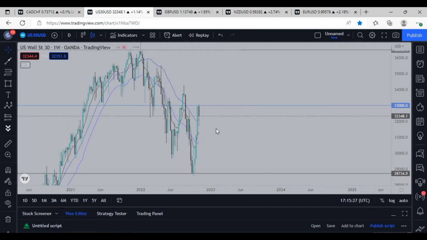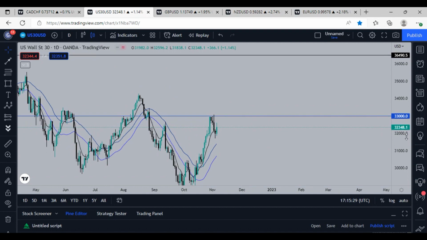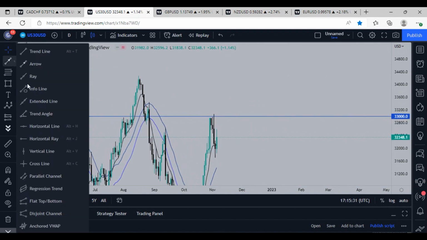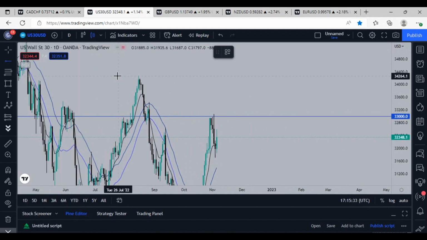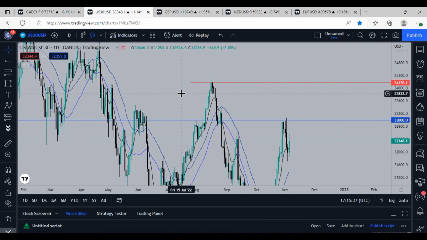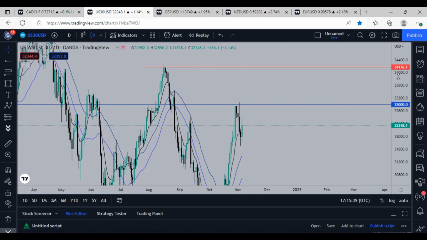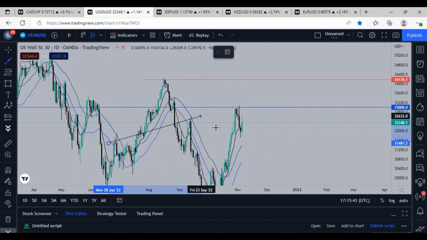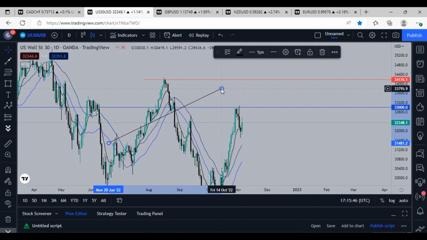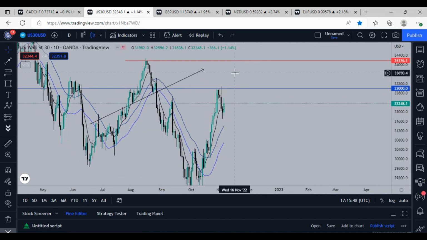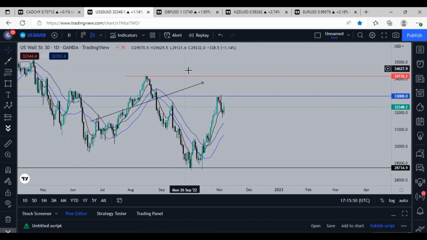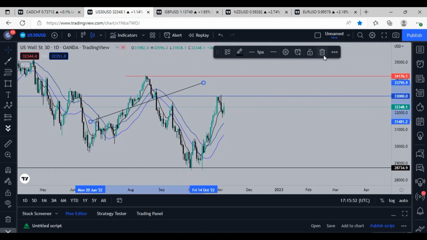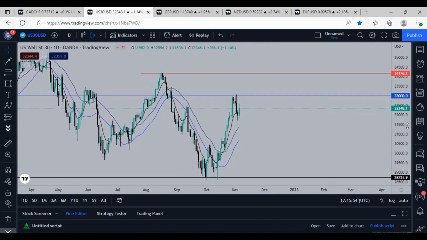All right, and then you jump back to the daily, and I'll just set this. I can set this as a level where price perhaps wants to break this resistance that I've set, and perhaps go over here and perhaps retest it and make a double top. Okay, perhaps price can do that. I'm not saying it will. But we'll just set it there in case.